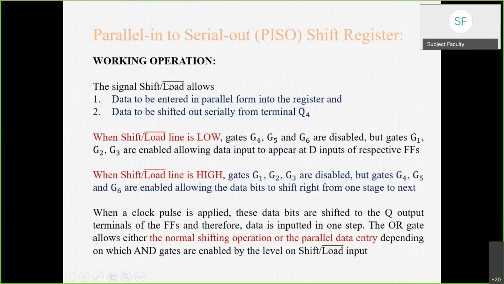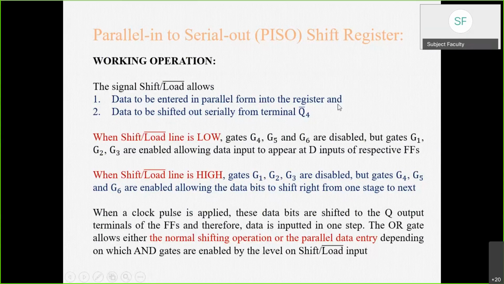So this is the working operation. The shift or load bar signal, given as complement of load, allows two functions. The first function is data to be entered in parallel form into the register.